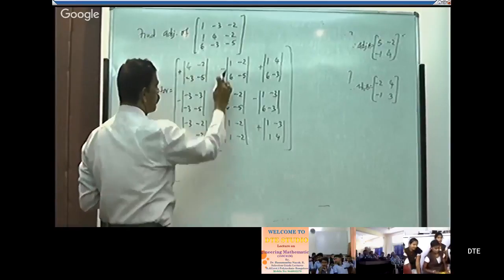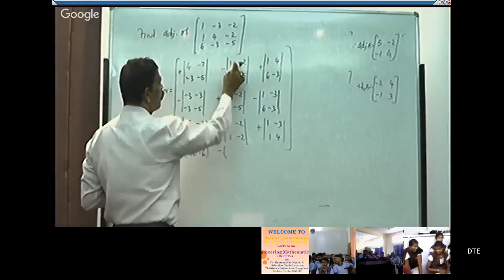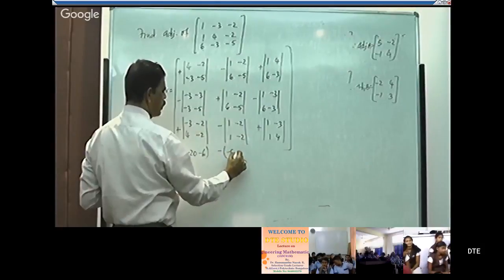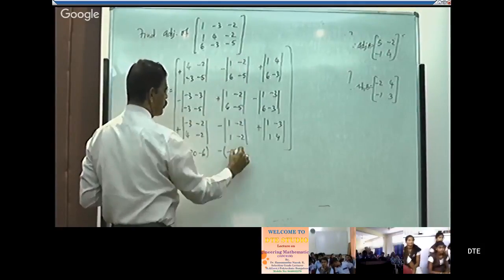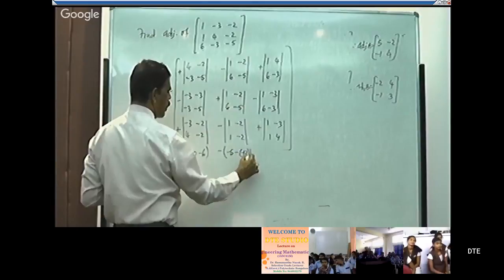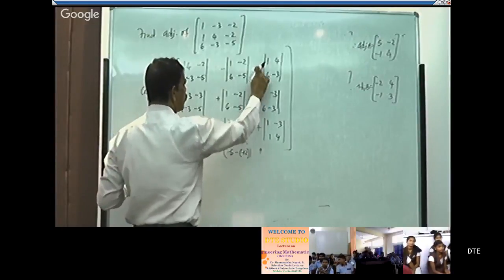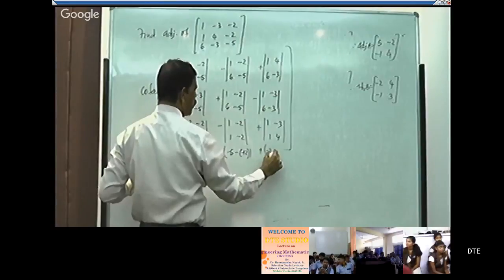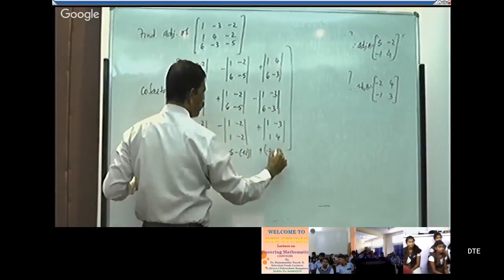Next, sign. What is the sign? Minus. 1 into minus 5 is minus 5. Formula minus. Minus 2 into 6 is minus 12. Plus 1 into minus 3, minus 3. Formula minus 6 into 4, 24.